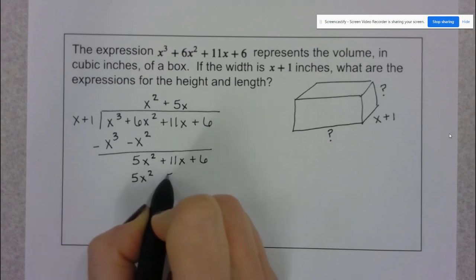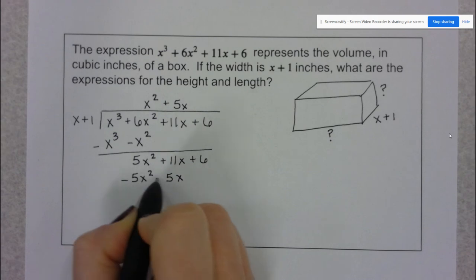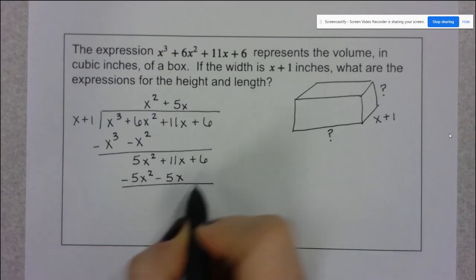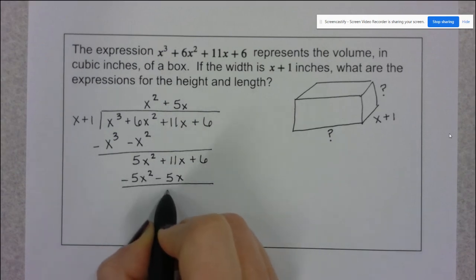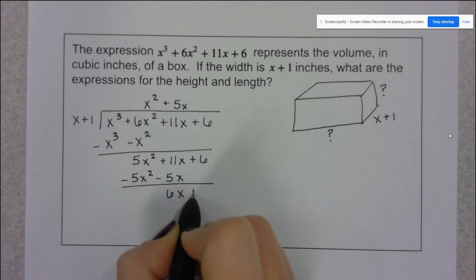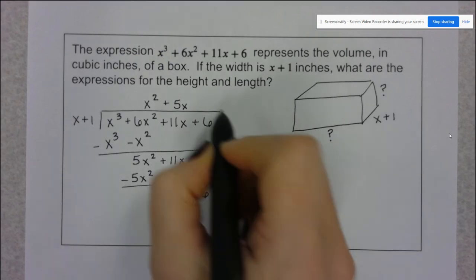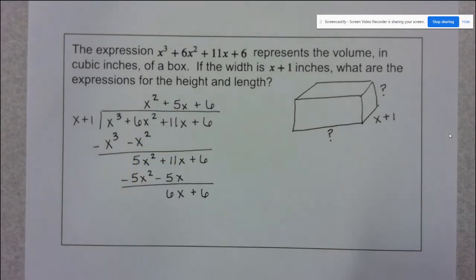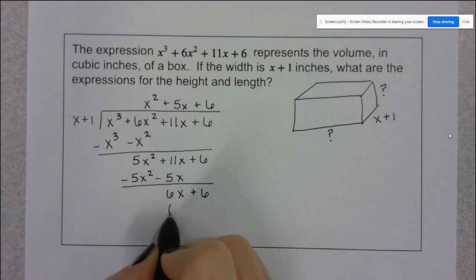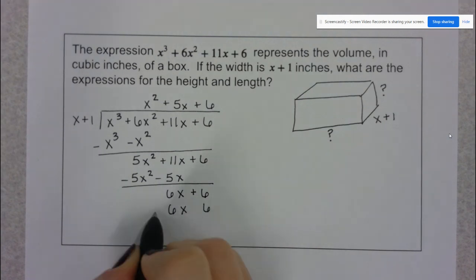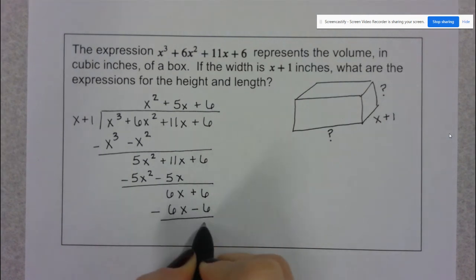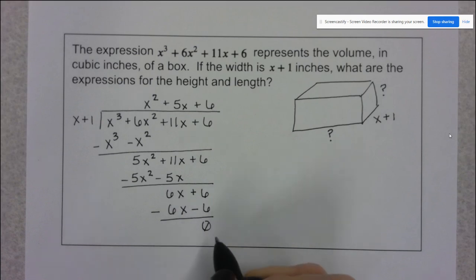And then that would be 5x. I'm going to subtract those here. This is going to give me 6x plus 6. So I need plus 6 here, which is going to give me 6x and 6. Subtracting those is going to give me a remainder of 0.